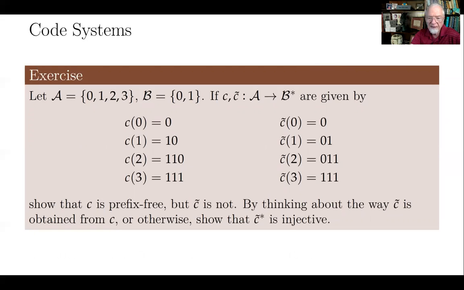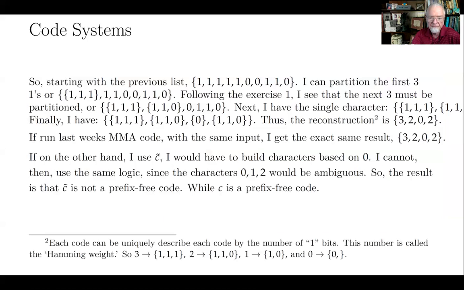But once you got to 1 as the first code, the 111 wouldn't tell you whether it was part of either 1 or 2, or it was the 3. That's why C tilde is not prefix free.